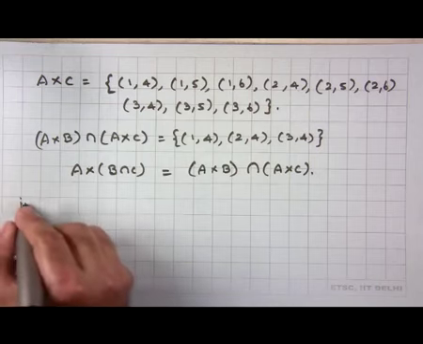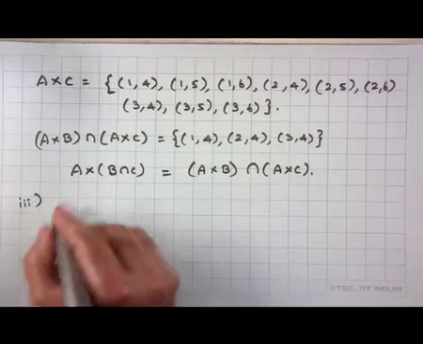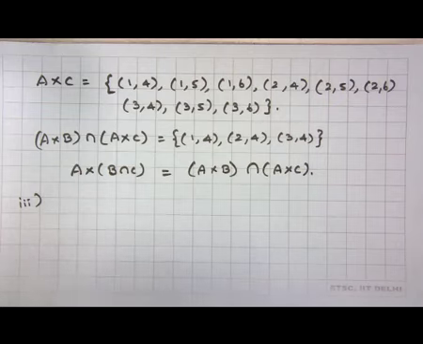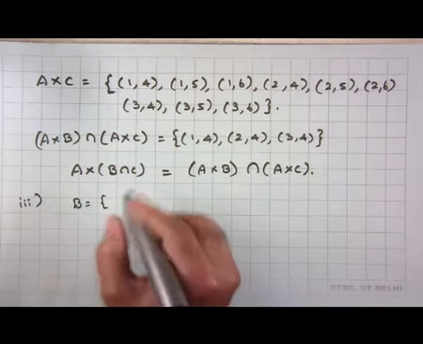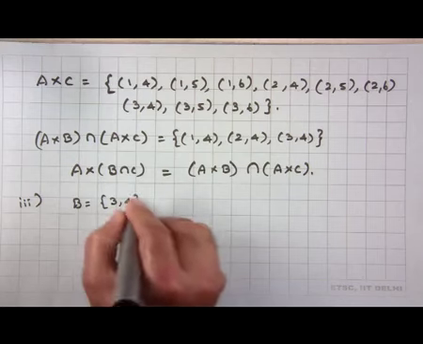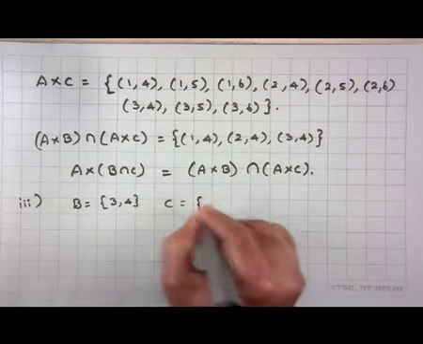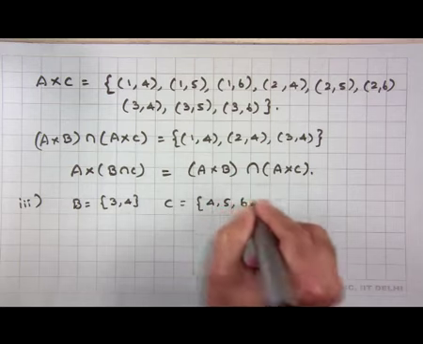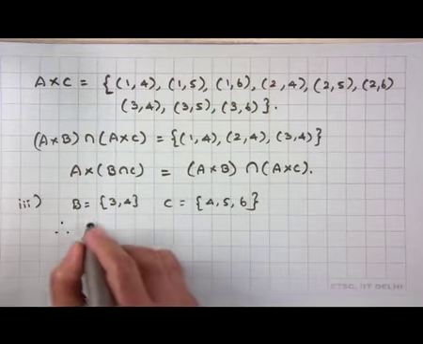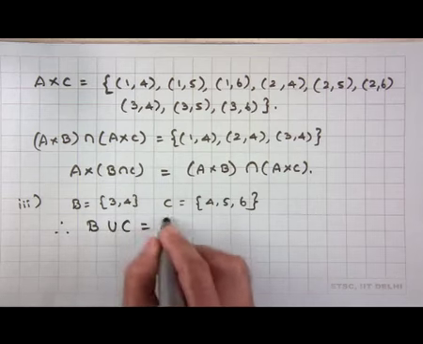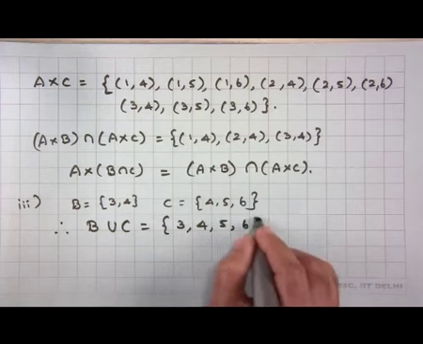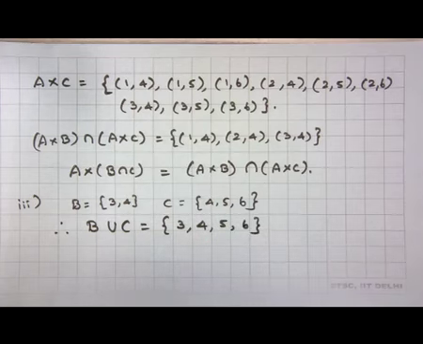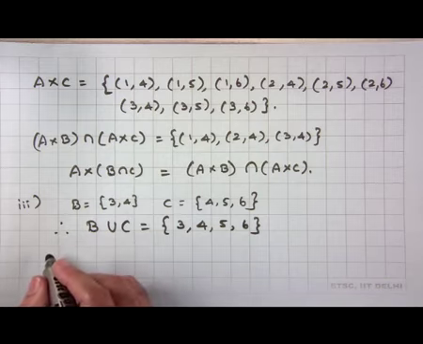Let us do the third one. We will have to calculate A cross (B union C). So, the B that is given to us is {3, 4}, and C that is given to us is {4, 5, 6}. Therefore, B union C is {3, 4, 5, 6}, right. And A, what is given to us is just {1, 2, 3}.